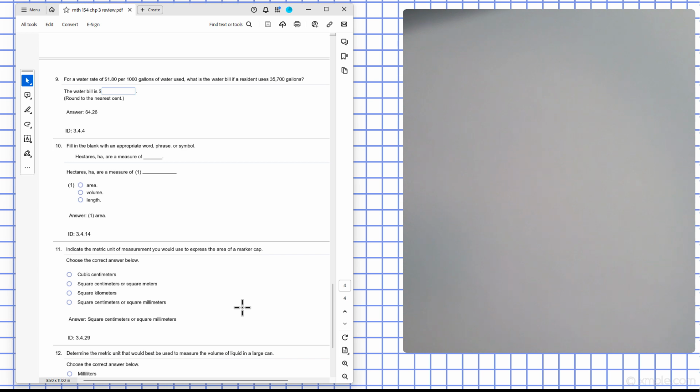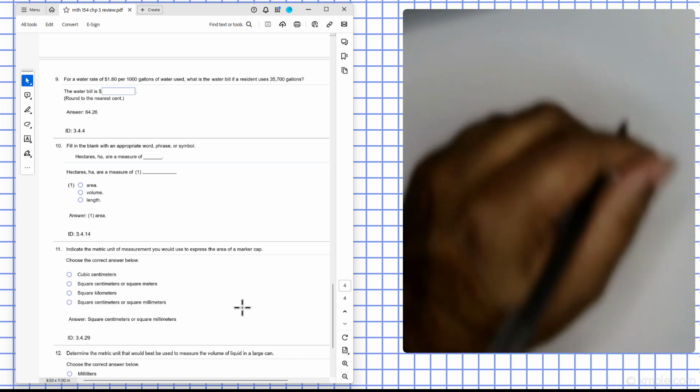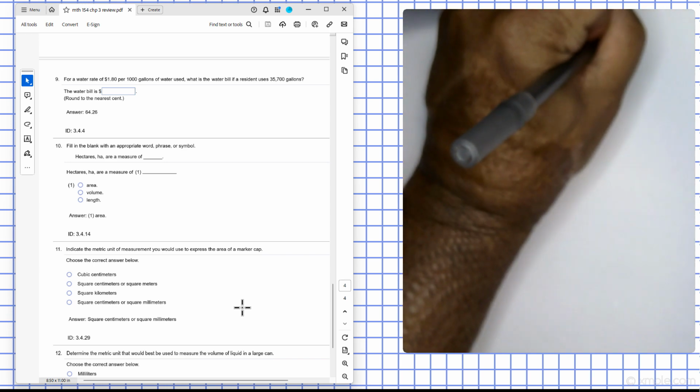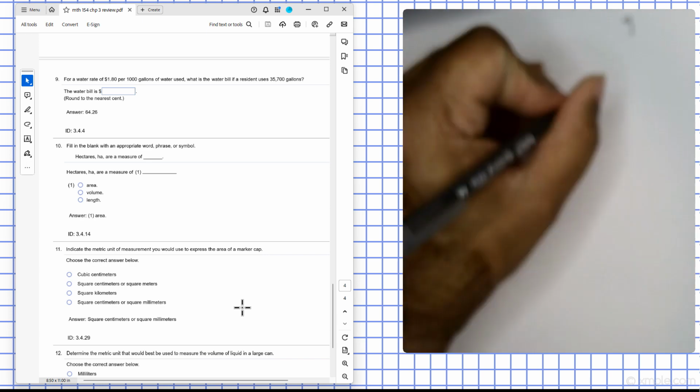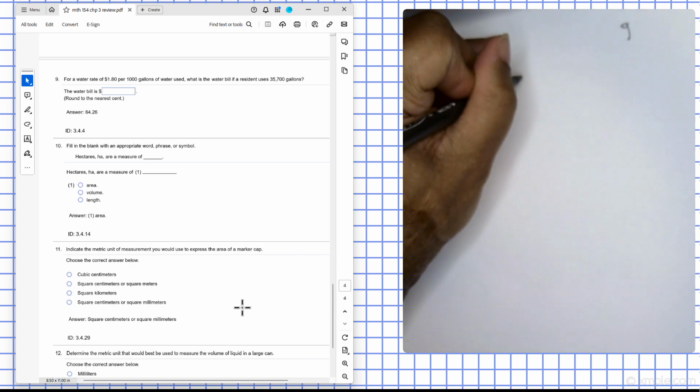Next one here is number 9. So let me put a 9 here. For a water rate of $1.80 per 1,000 gallons, what is the bill if the resident uses 35,700? What I can do is set up a proportion here.